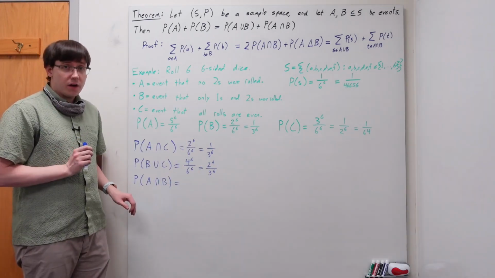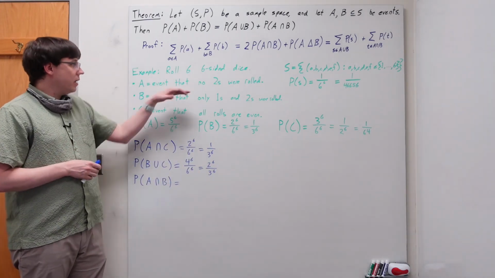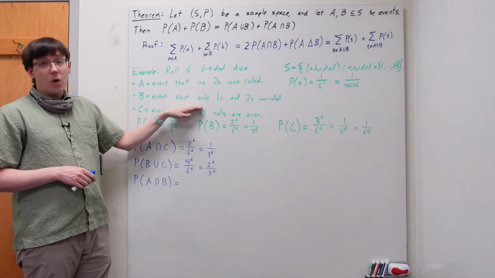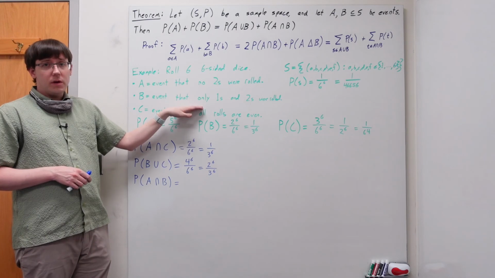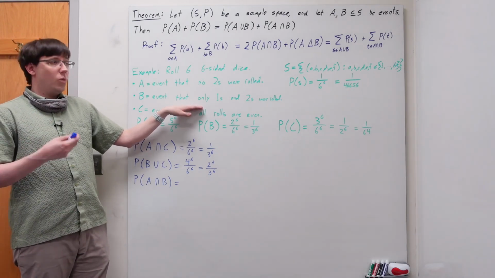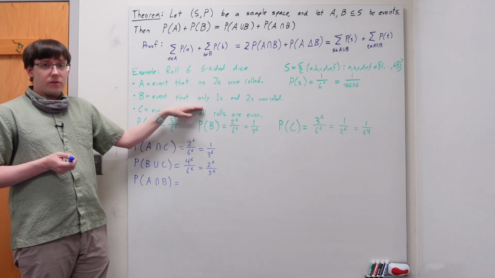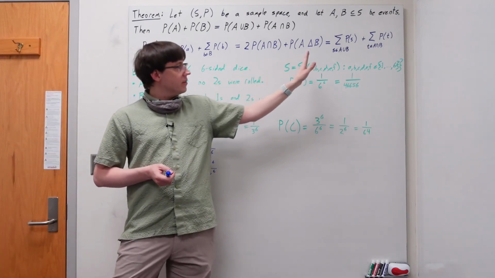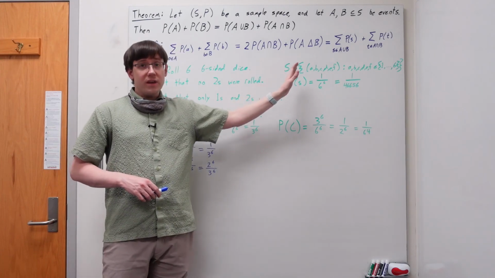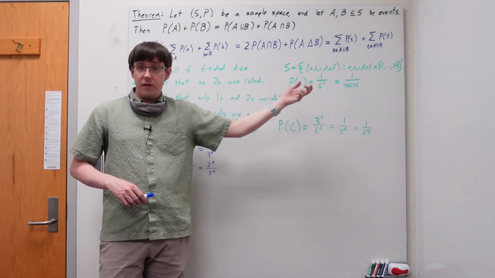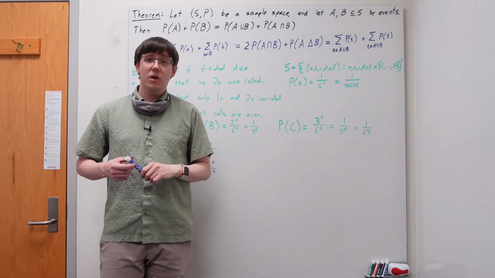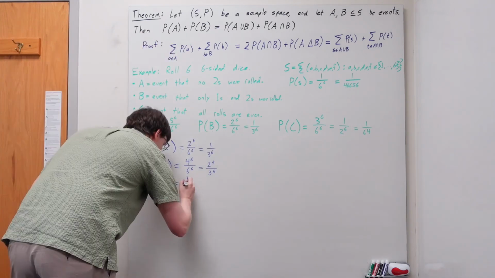The intersection of events A and B is that no 2s were rolled and only 1s and 2s were rolled, which leaves us with only the events where a 1 was rolled. And so this requires all 6 elements to be a 1. So we have only a single outcome in this event, and so the probability of this event is just 1 over 6 to the 6th.